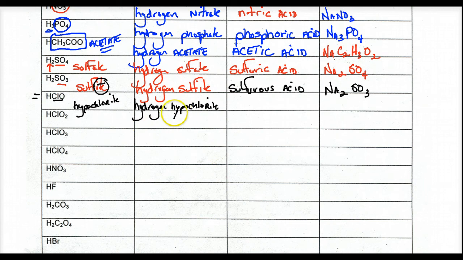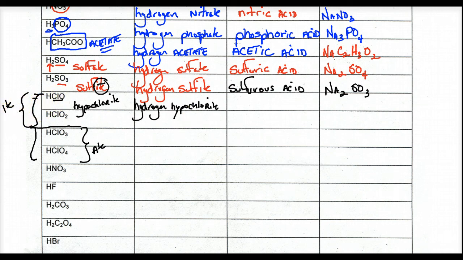Now, hypo means what? Less. And the reason why is because there's 4 of these. Interesting enough, these 2 will be ates. These 2 are ites because they have less. And the one that has the least amount of O's would be the hypo, less than the ites.